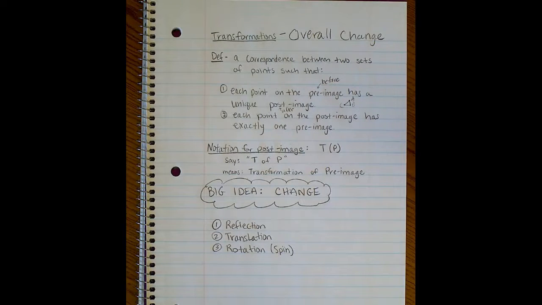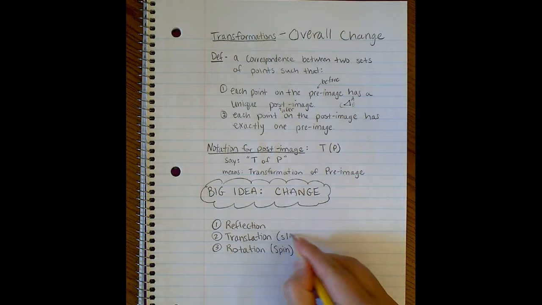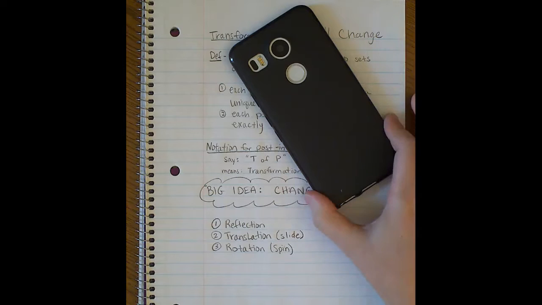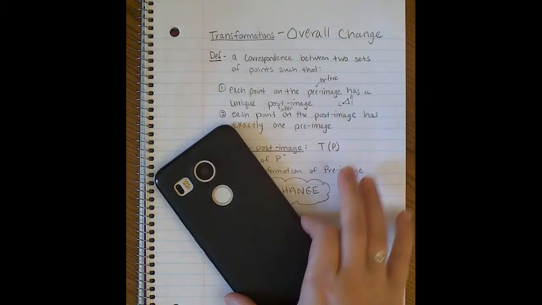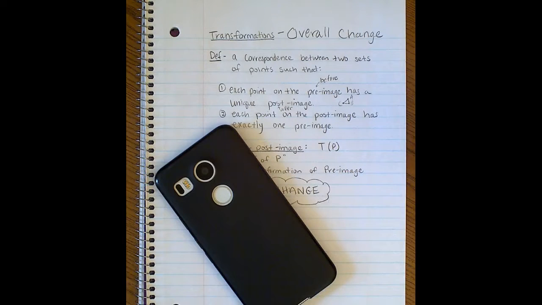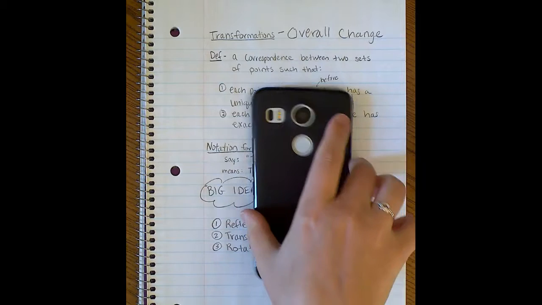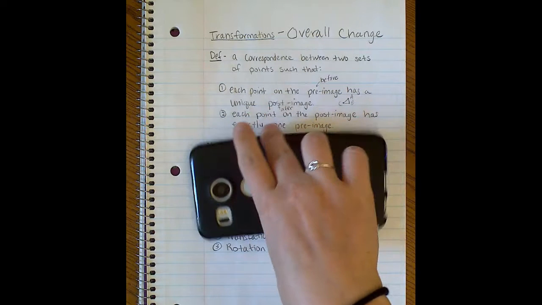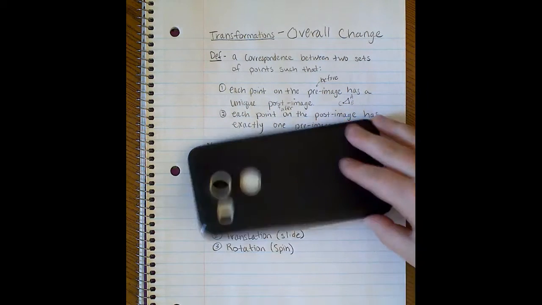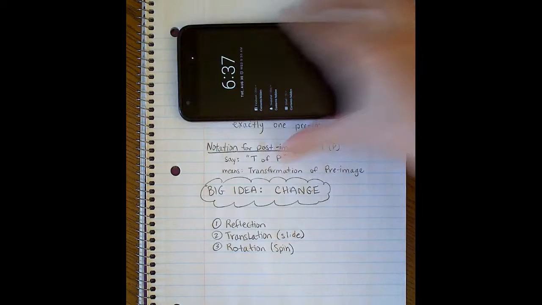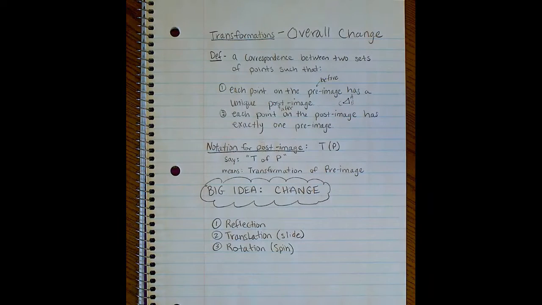Translation is a specific type of change, and a translation is like a slide. It's just moving something. So if I have my phone up here and I slide it down to here, I have changed the location of this object by sliding it. If I spin my phone this way, that would be a rotation. And if I reflect it, it's going to also result in a change.